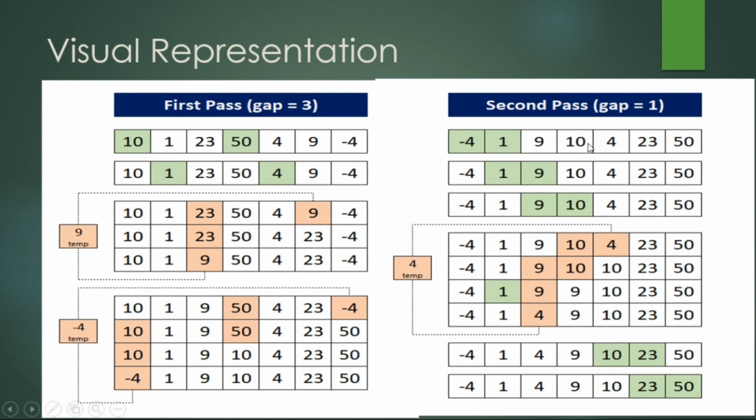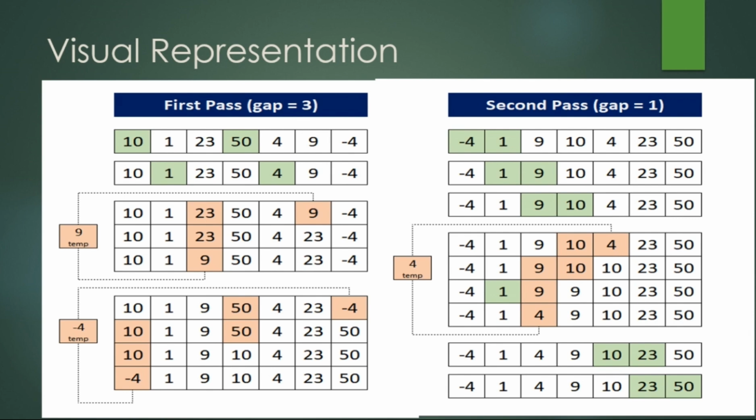Then in the second pass or the second iteration, the gap is once again divided by half using floor division. After using floor division, we obtain gap value 1, as the previous gap was 3, which divided by half gives 1.5, but after floor division we obtain 1.